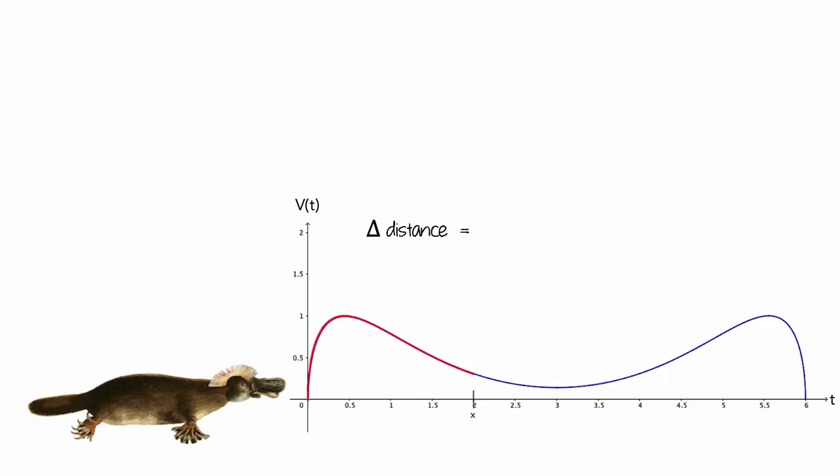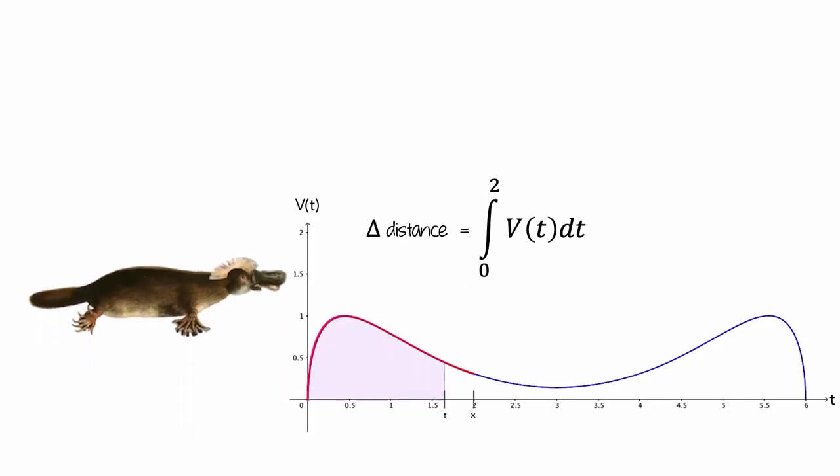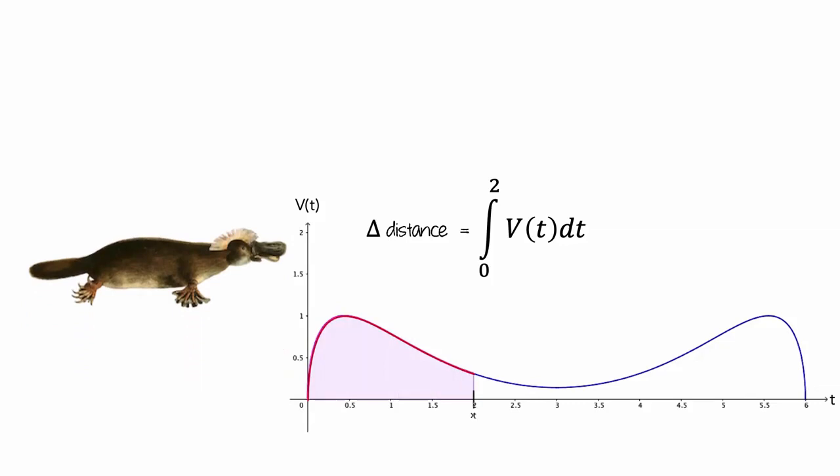To do this, we'll look at the velocity for each moment in time, multiply these values by small amounts of change in time, and then add these amounts up, starting at time 0 up to our value of x, which is 2. And when we let the value of t increase from 0 to 2, then the value of this definite integral is represented by the area between the t-axis and the graph of the velocity function, between t equals 0 and t equals 2.